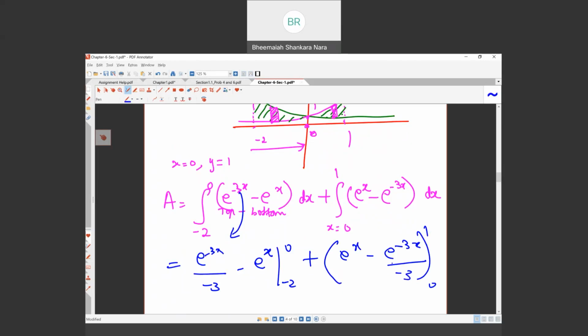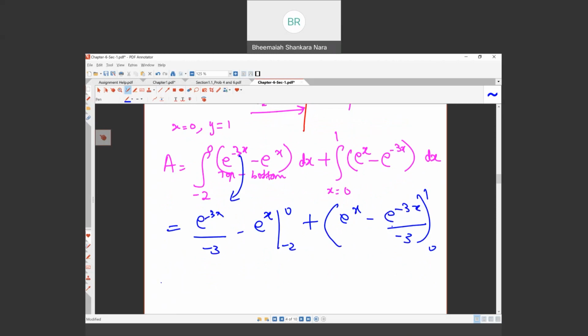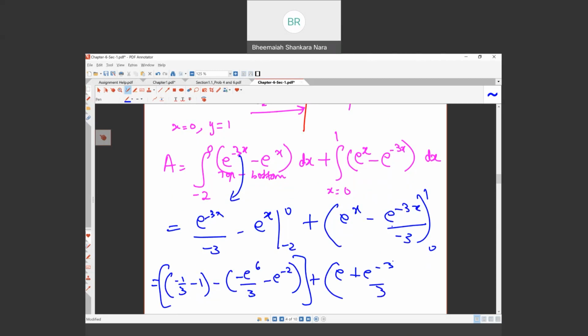Now you evaluate the limits. Plug in 0, we have -1/3, -1. Plug in -2, we have -e to the 6 divided by 3, -e to the -2. All these terms in one big bracket. Plus the next term, we have e plus e to the -3 divided by 3, and then the lower limit for 0, so 1 plus 1 over 3.